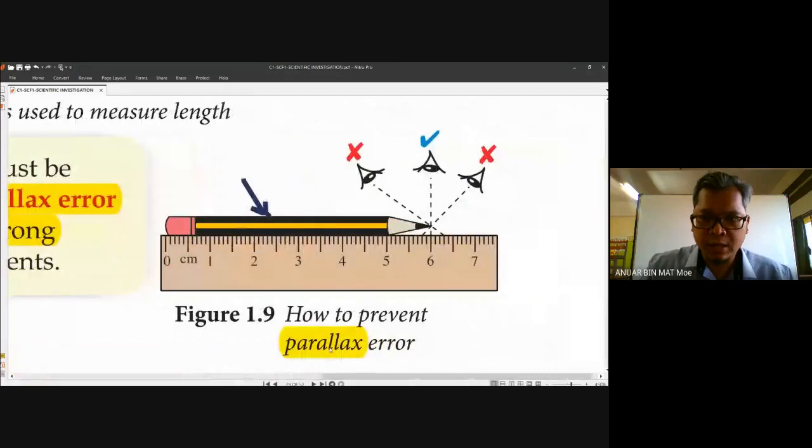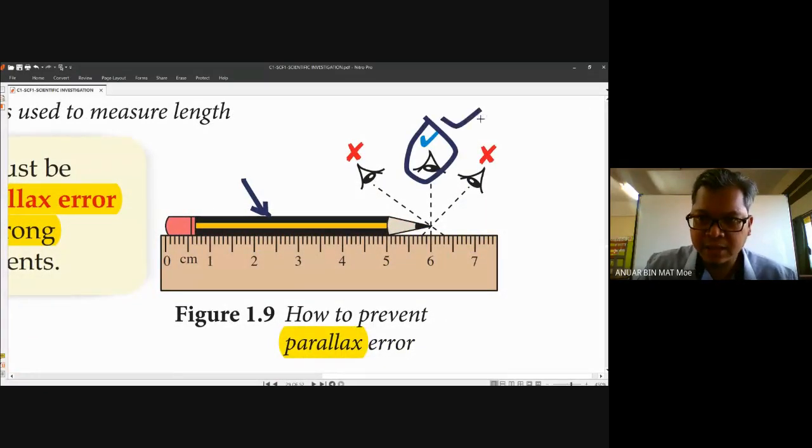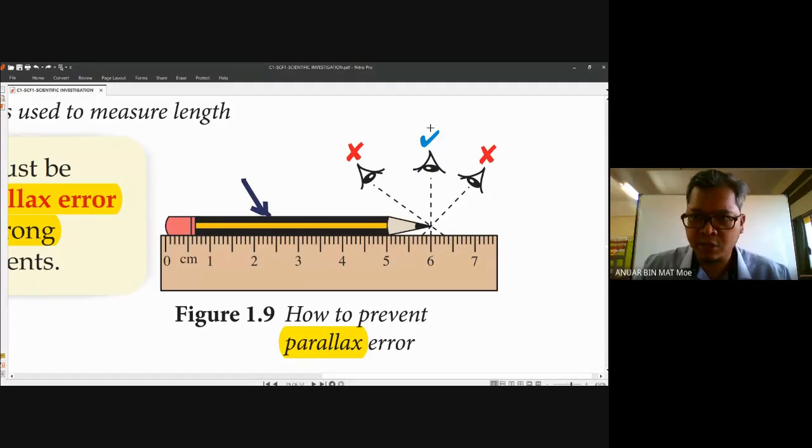So the position of the eye at the center here is the correct measurement. Do not look at it at a 45-degree angle here. This is not the correct way. If you try to measure the pencil from the first eye, eye number 1 here, can you see it?